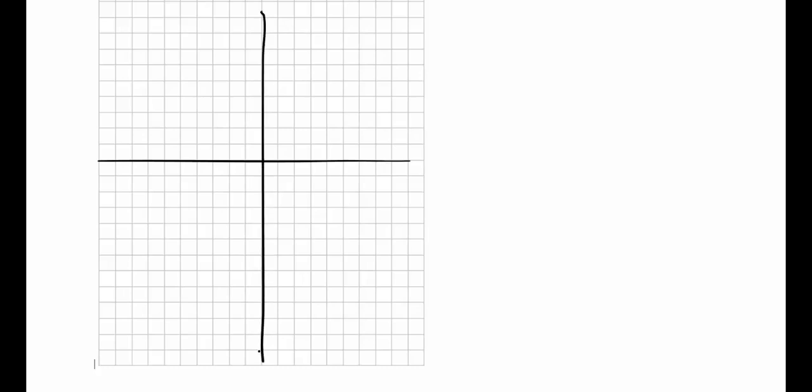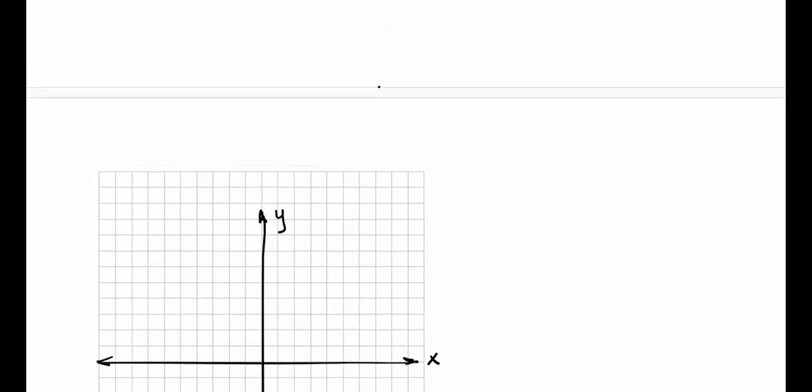And I'm going to go ahead and draw my axes again. I have this. That's my x. This is my y. Right, so this is my x-axis. This is my y-axis.